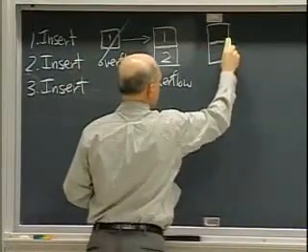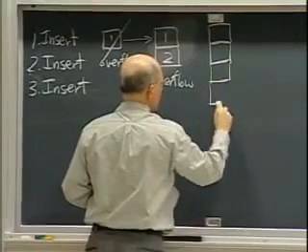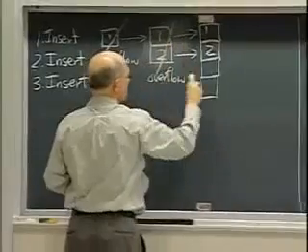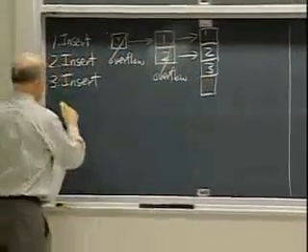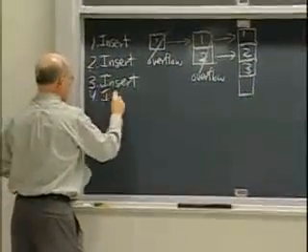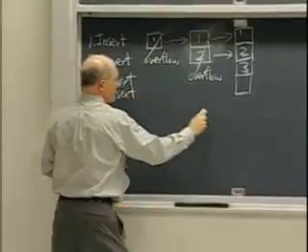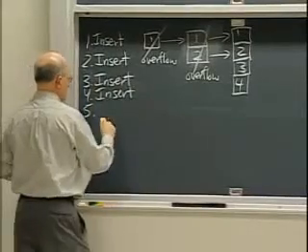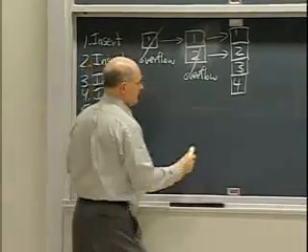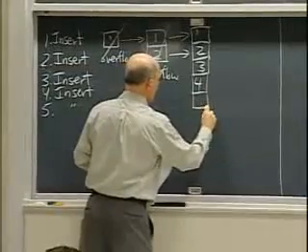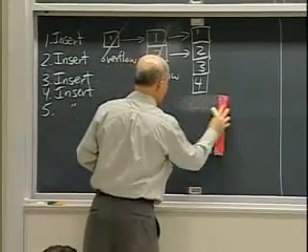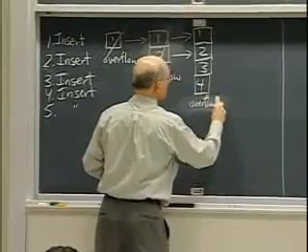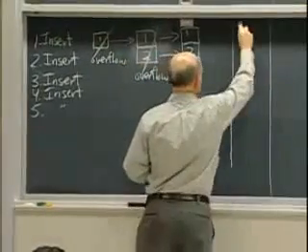So now I make a table of size 4. I copy these guys in, and then I insert my number 3. I'll do 5. I guess I should be using ditto marks. That'd be a lot smarter. Okay, whoops. What am I doing? I overflow. So now I make one of size 8.